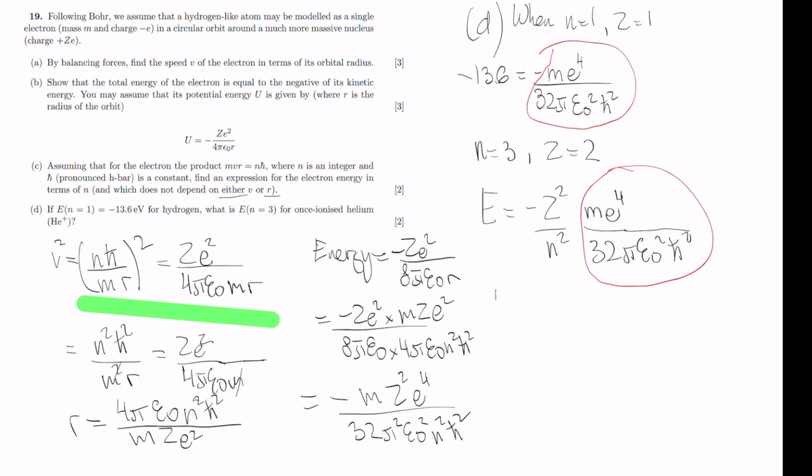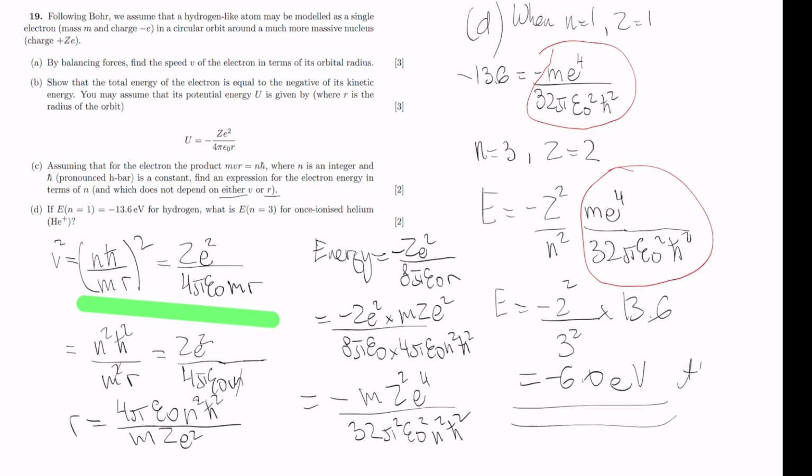So this means that the energy will be equal to minus Z, but now Z is 2, so it's going to be 2 squared, divided by n squared, which is going to be 3 squared, multiplied by all of this stuff, which is just 13.6. And we'll get around 6.0 up to two significant figures, minus 6.0 electron volts for the energy at n equal to 3 for helium.